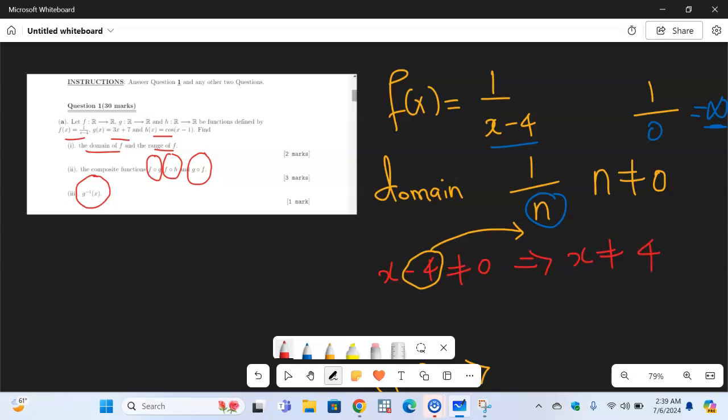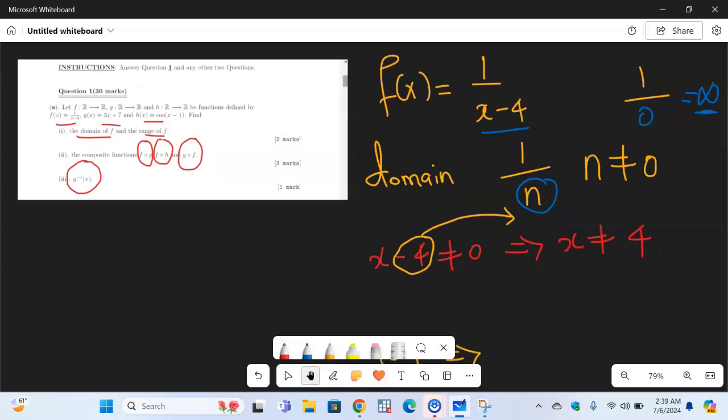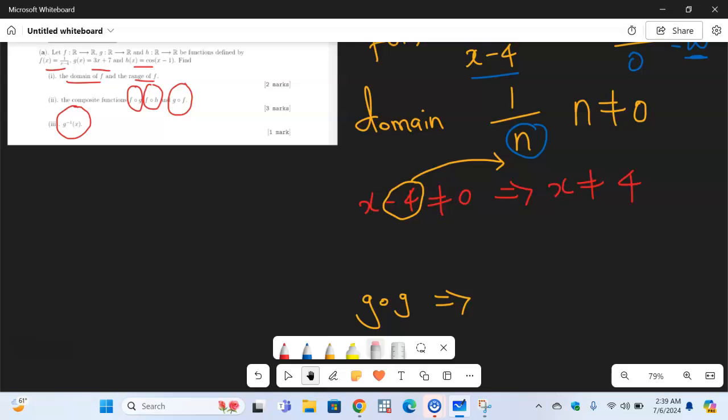Normally they'll ask whether you give it in interval notation or in the form of an inequality. So this is the inequality, but now in interval notation, let me just illustrate this.